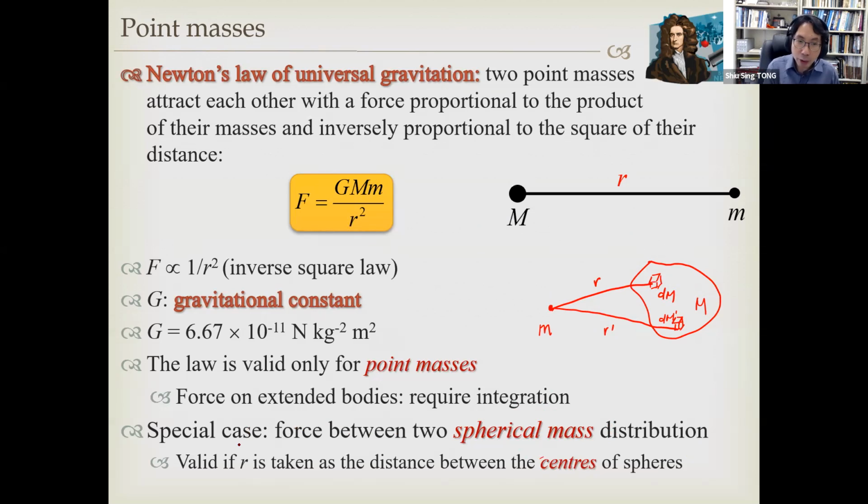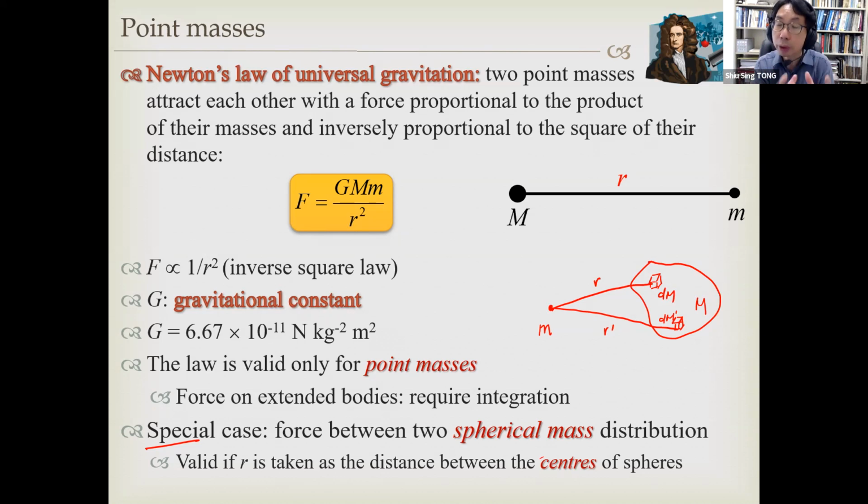Now, but there is a special case. The special case is that if you have two spherical objects, spherically symmetric objects. It is not necessary for the two objects to have a uniform mass distribution. The density of the object can be a function of the radius. So you can have an object that is more dense at the center and less dense at the outside.